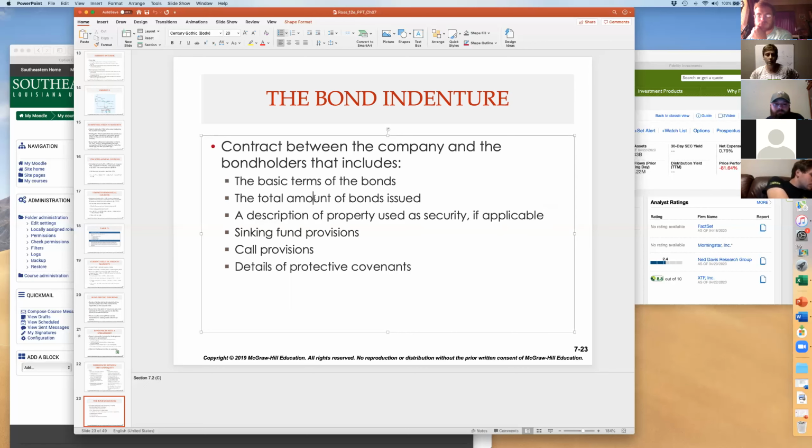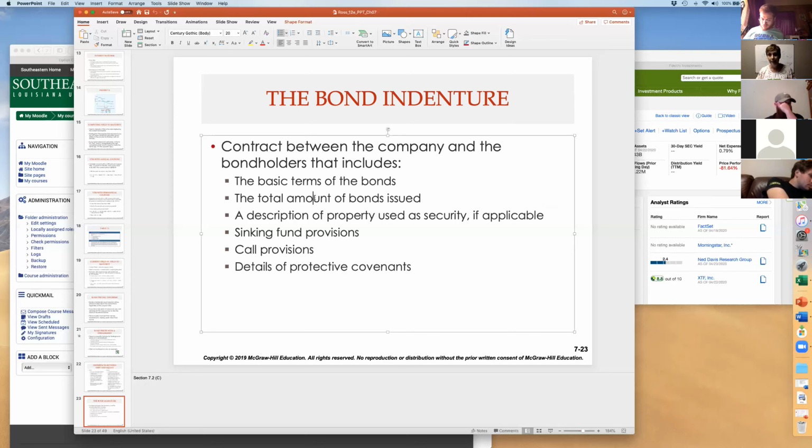Sinking funds are good and make the investor feel more secure that those obligations are going to be paid to them. Then there's something called call provisions, and you'll usually hear it called a callable bond. A callable bond basically means the call option is the right to buy.